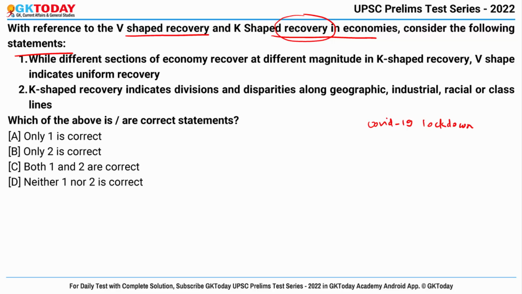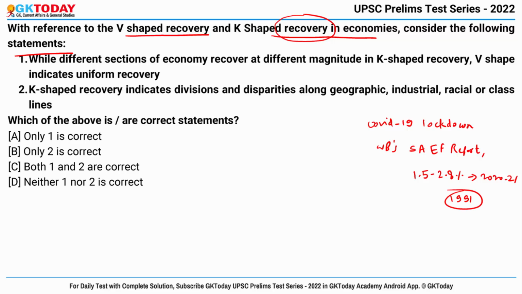So according to the World Bank's South Asia Economic Focus Report, India's growth is likely to remain at 1.5 to 2.8% in the year 2020-21, which is the slowest since the 1991 economic reforms.